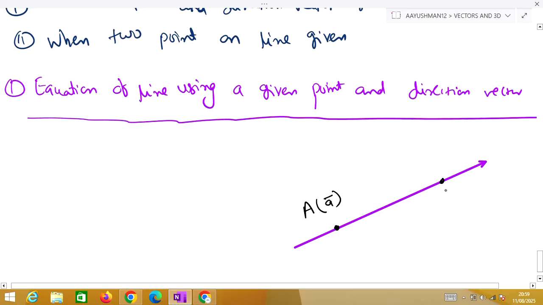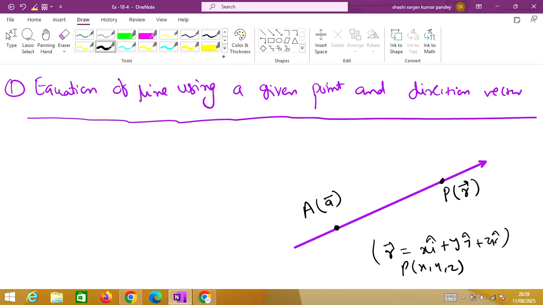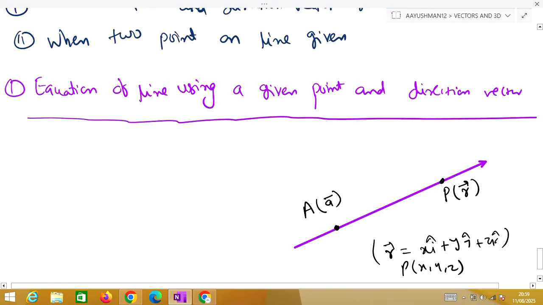We take another point P having position vector r, and the meaning of r is xi plus yj plus zk, that is any general point on the line (x, y, z). Now we have one direction vector also, parallel to this line only. Suppose this is the direction vector b, the vector parallel to the given line.